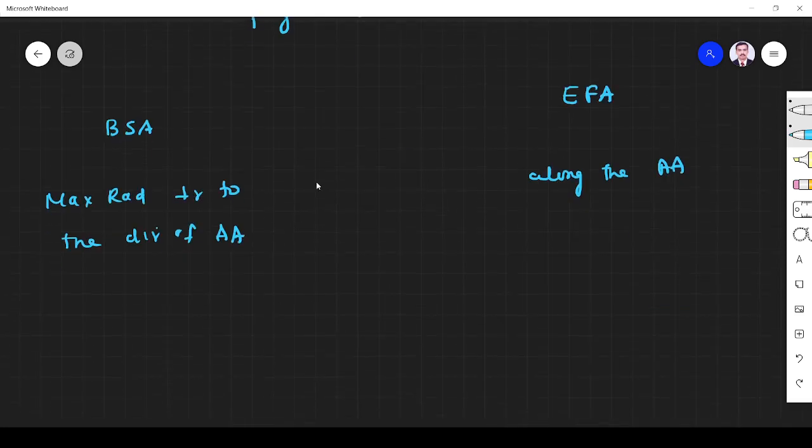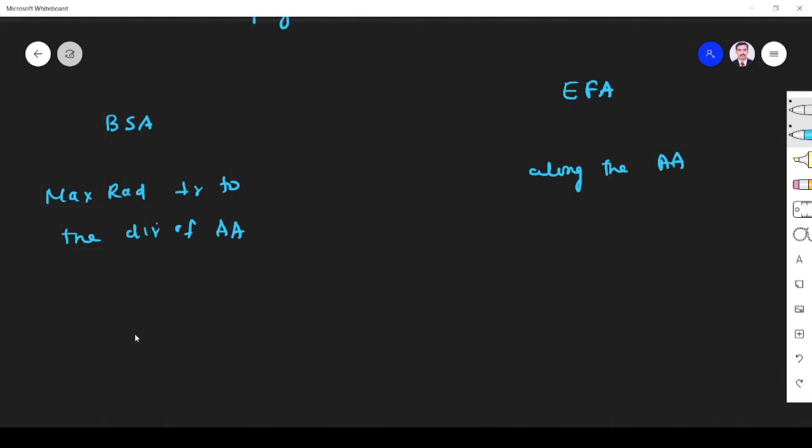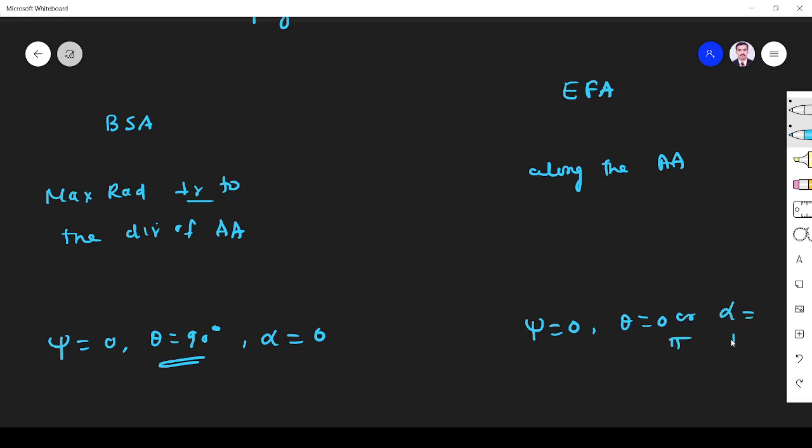For broadside array, the total phase shift is 0, so it is radiating perpendicular. The progressive phase shift is 0. For end fire, theta is 0 degree or 180 degree along the direction, and the progressive phase shift is plus or minus beta d.